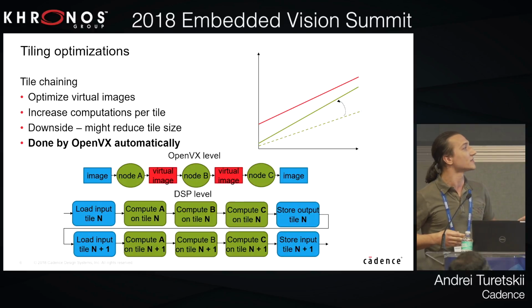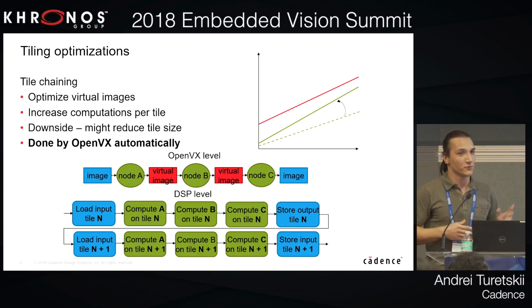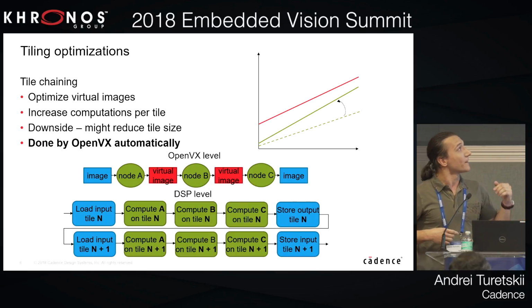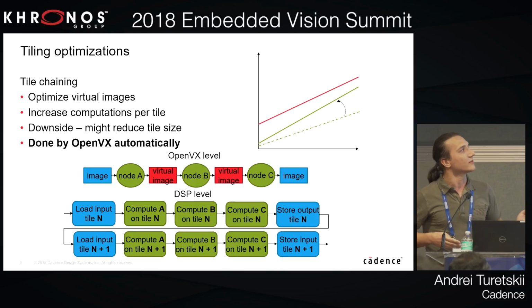We can just download a set of tiles for this subgraph, compute all the nodes, and then go to the next set of tiles. That would increase the amount of computation per tile, which makes the green line on the chart steeper. Again, that's good.